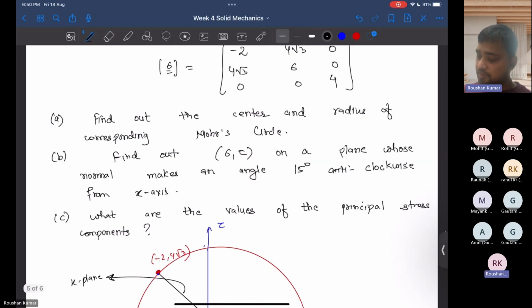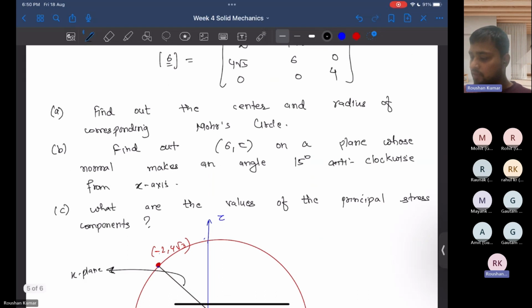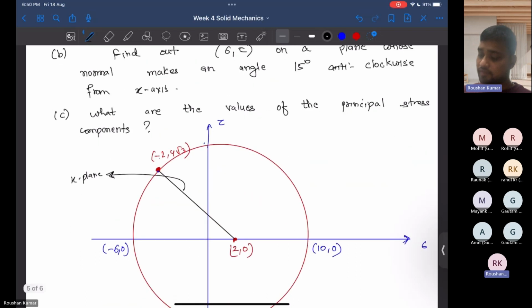And in this, the question says that we have to find sigma and tau on a plane whose normal makes an angle 15 degree anti-clockwise from the x-axis. So in the Mohr circle, it means 30 degree clockwise from the x-axis. So we take 30 degree clockwise.